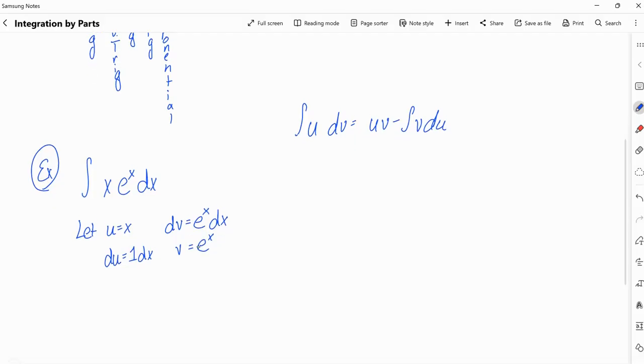So this is in the form of u dv. The formula says it's going to be u times v, so x e to the x, minus the integral of v du. 1 dx is the same thing as dx. To finish this problem off, I'm going to have to integrate that e to the x, and we know when we integrate e to the x, we're going to get e to the x.